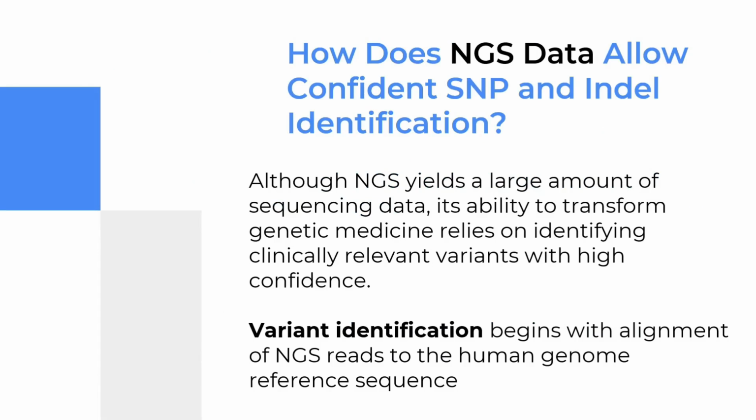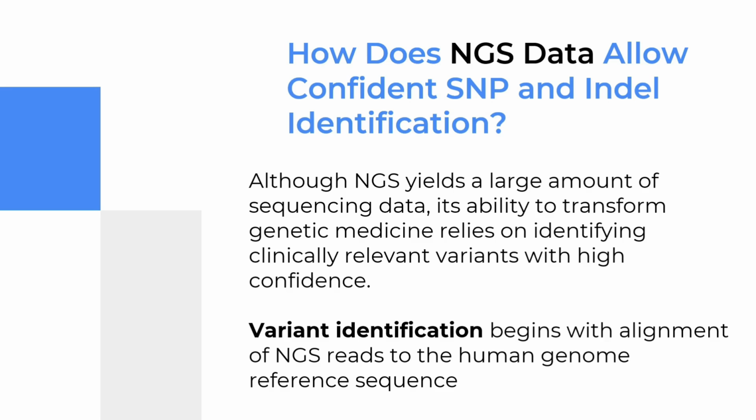A question you should ask right now: how does NGS data allow us to be so confident that SNPs and Indels can be identified from this kind of data? Although NGS yields a large amount of sequencing data, its ability to transform genetic medicine relies on identifying relevant variants with high confidence.